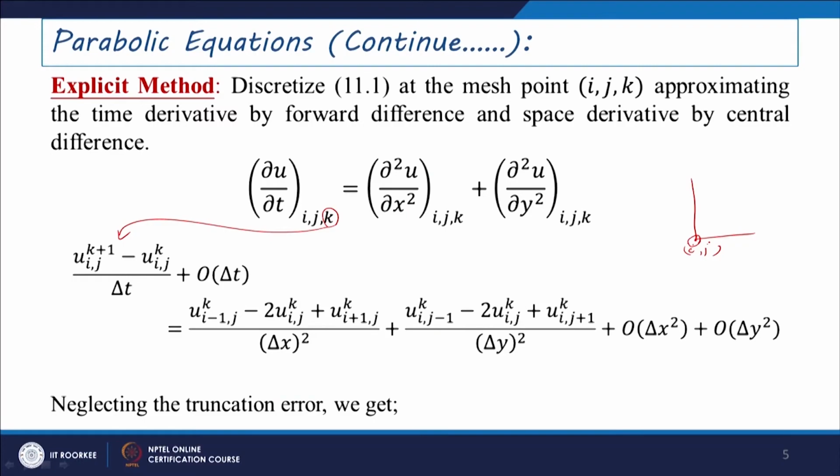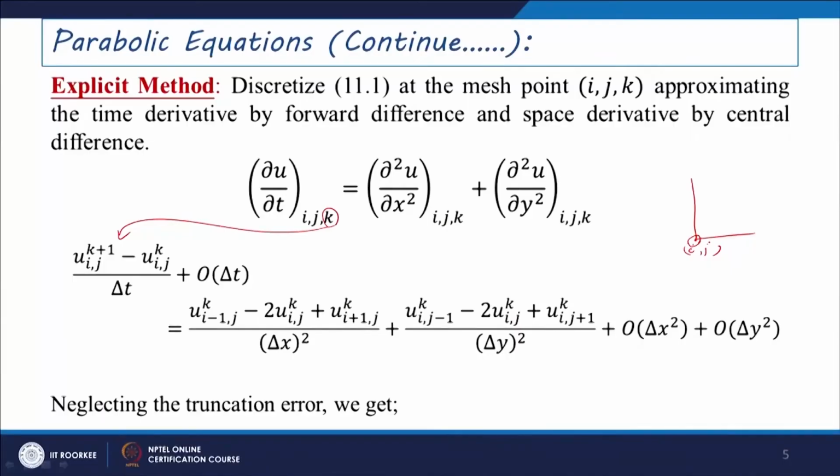So, we consider the space grid size to be fixed. That is why we write u i j to the power k plus 1 minus u i j to the power k. Since k plus 1 represents the velocities or temperature at the time level 1, if we consider k equals 0, then u i j 0 can be taken from the initial conditions.